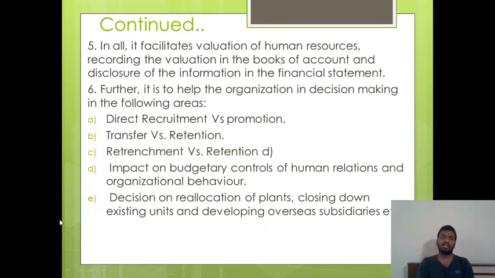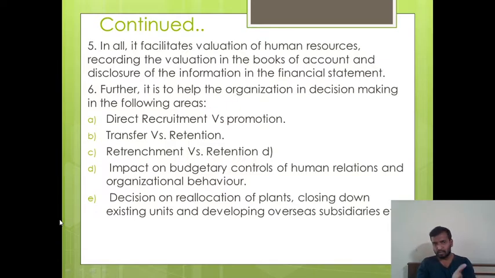One example I would like to quote over here. Suppose one company is working in Latur, and the output from the human resources there is not up to the benchmark which the organization has expected from the business in the Latur area.